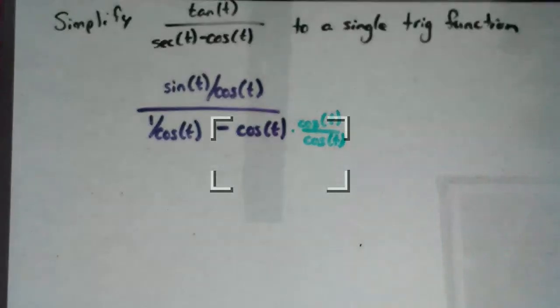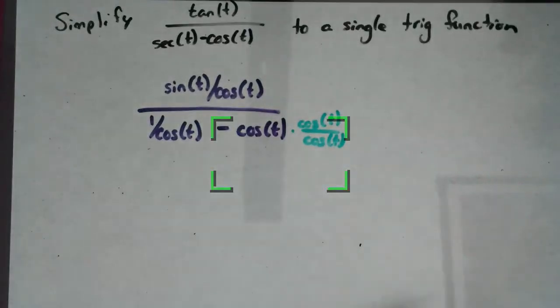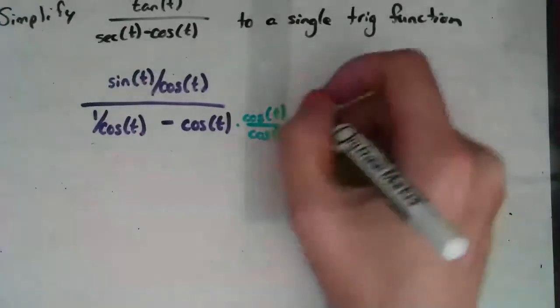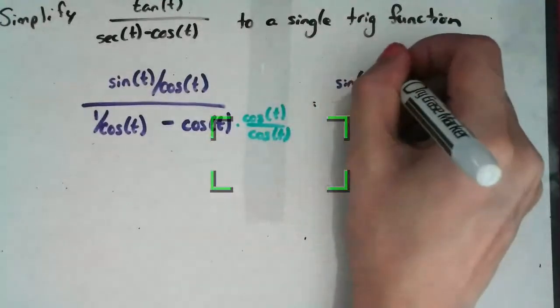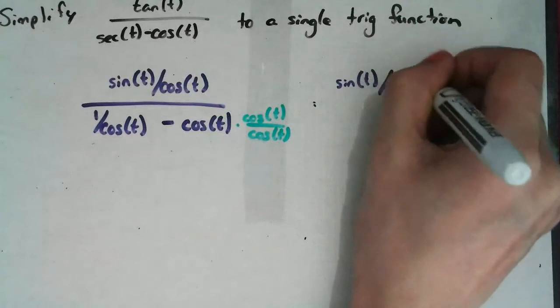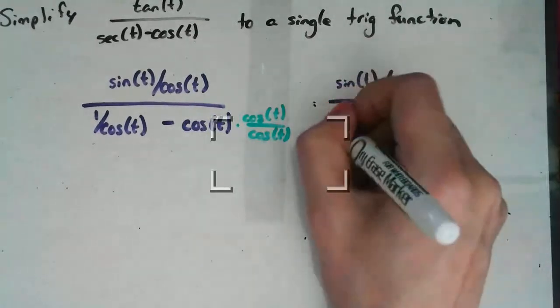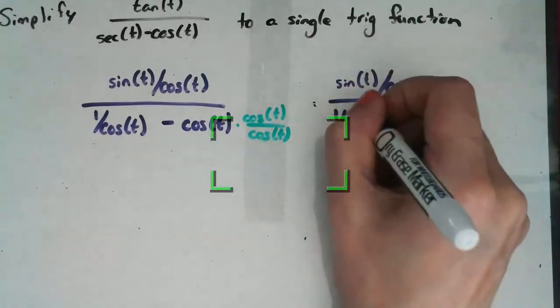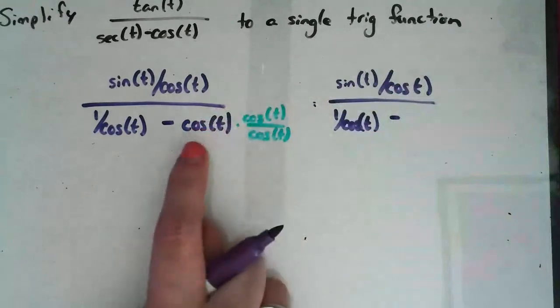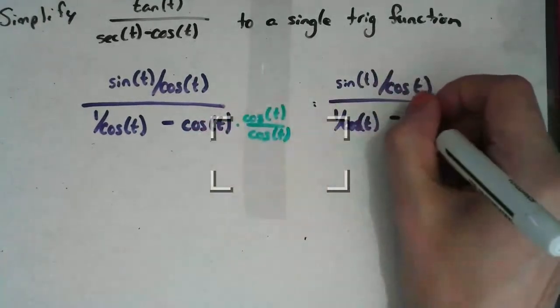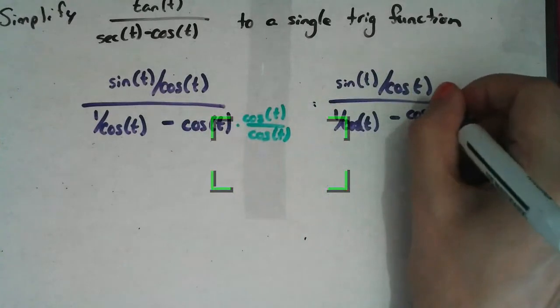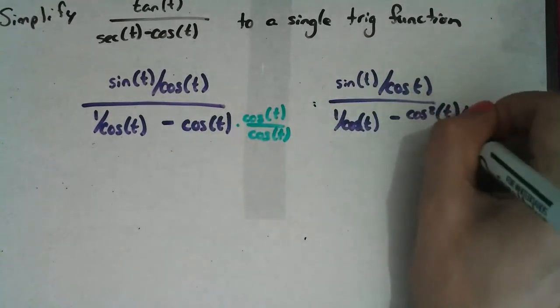It's a really weird 1, but it is 1. So everything else is going to stay the same for now. We have the sine of t over the cosine of t over 1 over the cosine of t minus, I took cosine times cosine over cosine, so that'll be cosine squared of t over the cosine of t.